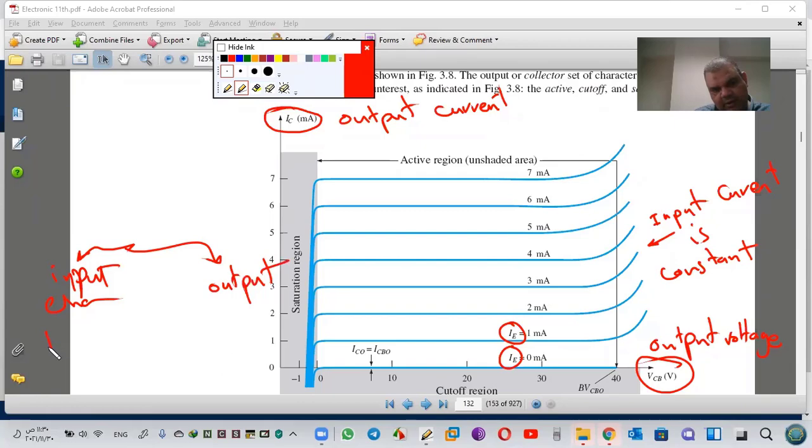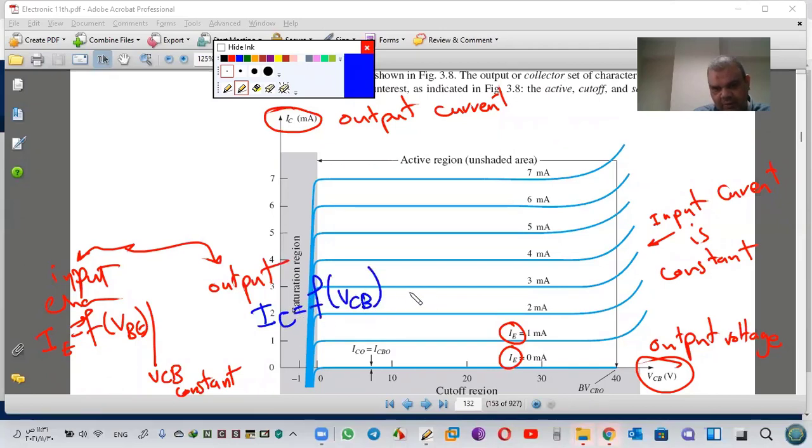Input is IE as a function of VBE when the VCB is constant. For output, see this one: IC as a function of VCB when the input current is constant.